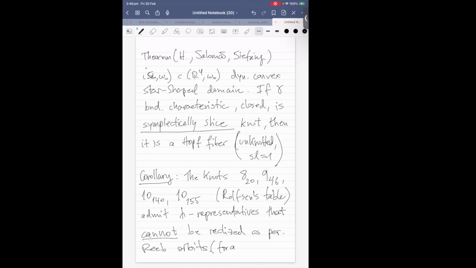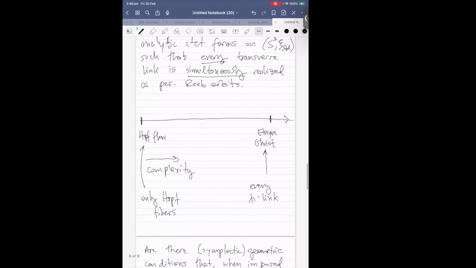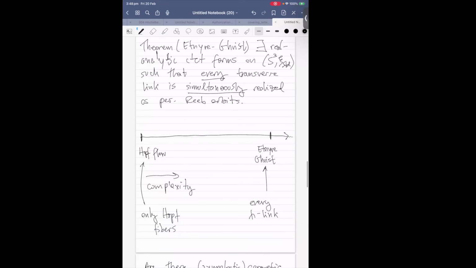For a dynamically convex Reeb flow on S3, there are knots which are not allowed. So if you go back here to the complexity line, with dynamical convexity, at a certain point you cannot go beyond.